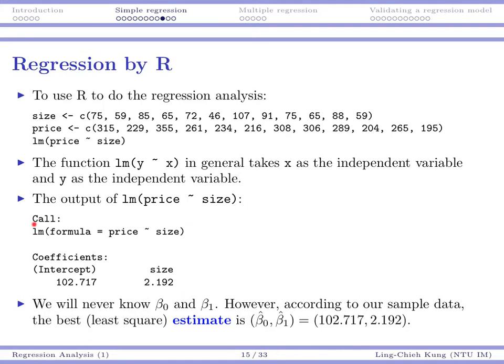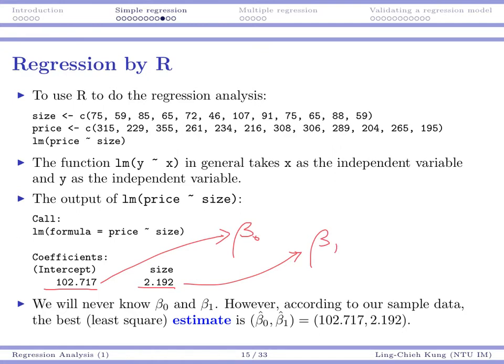The output of this particular function will be here. I call lm with this particular formula, and then the outcome, my coefficients, will be this one and that one. Obviously this is our estimated beta 0 and this is our estimated beta 1.